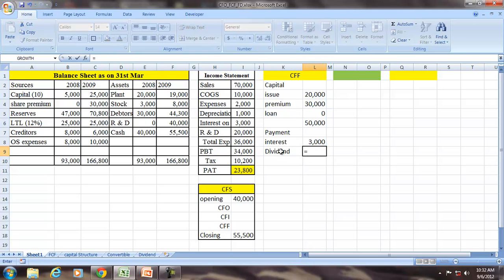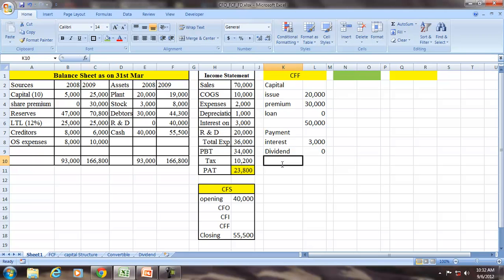The dividend can be seen from the reserves. In this case, the change in the reserves is 70,800 minus 47,000, and this change is fully due to the current profit. So therefore, there is no dividend payment in the current period.